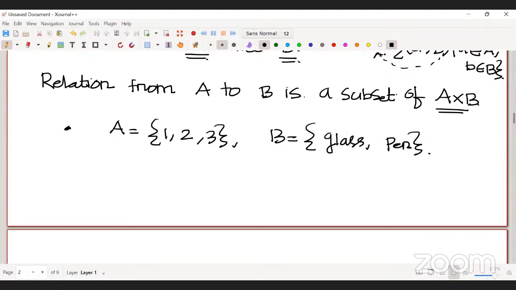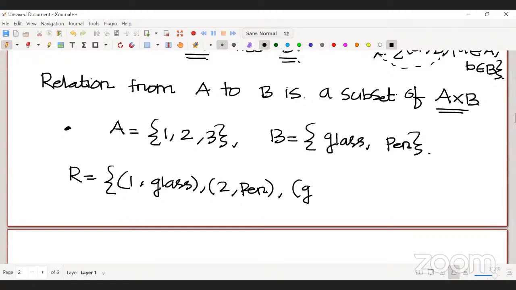So my question is whether this R is a relation.